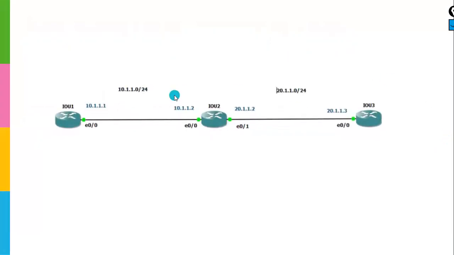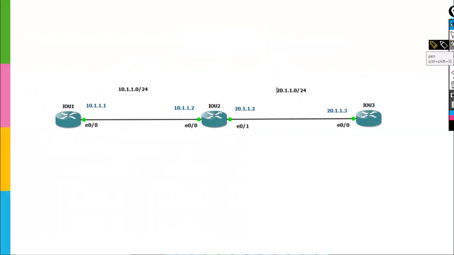This is the network, where these are the three routers we are going to use. I'll show you the practical also today. This is router 1, this is router 2, and this is router 3. On router 1 there is a 10 network and a 20 network, with IPs 10.1, 10.2, 20.2, and then 20.3. We have to ping from this IP to this one.